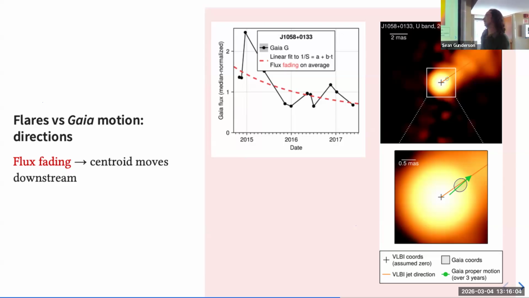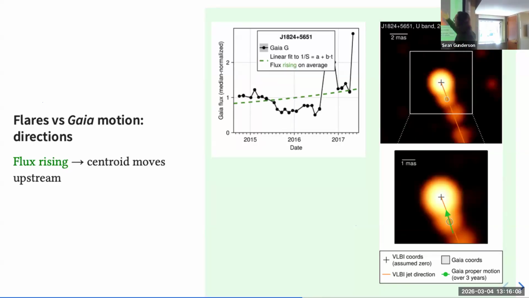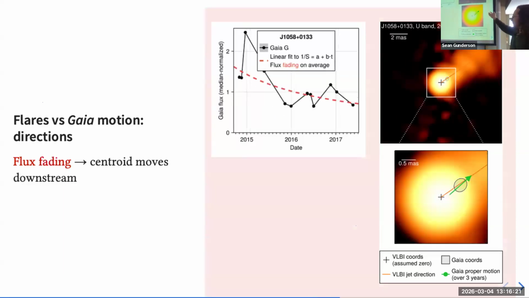Now you can say there are these scenarios that suggest that, if the interpretation is right, flares are happening somewhere close to the jet origin, because when the flux increases you have motion towards it. And the same scenario happens in this case: when the flare subsides, its flux decreases, so the centroid is moving away. But these are just two examples, and that's what I also thought at first.